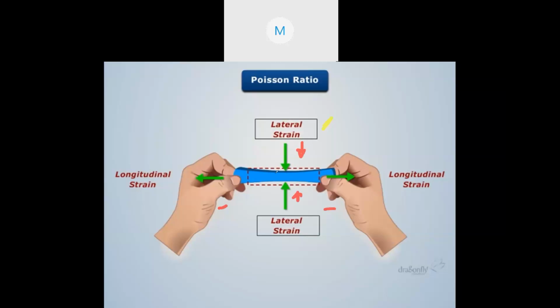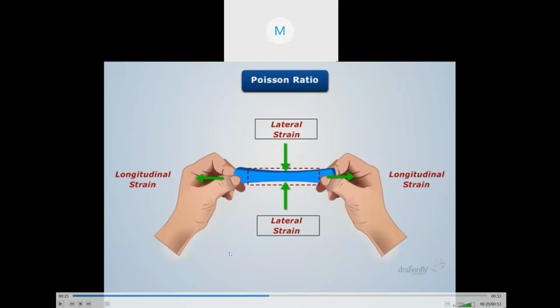Here also there is a change in length. Now if you see here, in this part also the length increases. If you see the green arrows here, this one and this one, this is how the lateral strain and longitudinal strain can be explained.